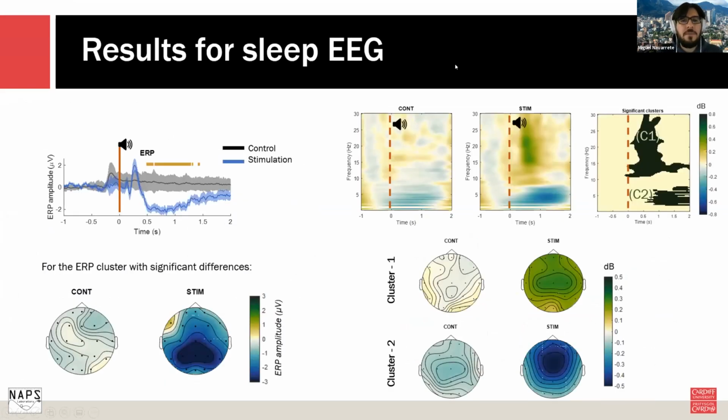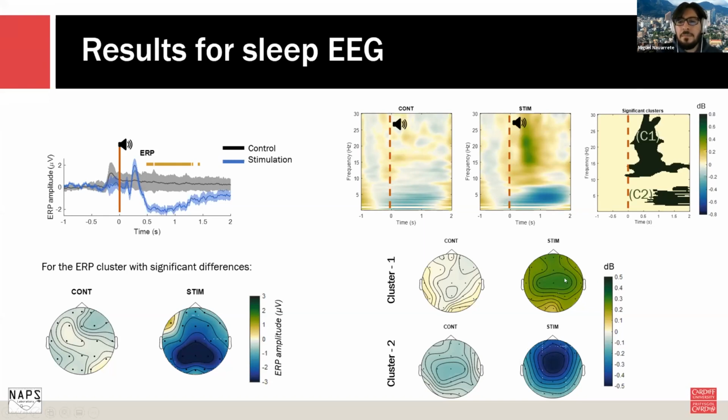For the EEG, of course, we found ERPs. Basically, the stimulation decreases the activity of the EEG in parietotemporal areas. When we looked at the frequencies, we found main effects: an increase of beta activity around 200 milliseconds after stimulation, and a decrease of theta activity around 1 second after the stimulation.